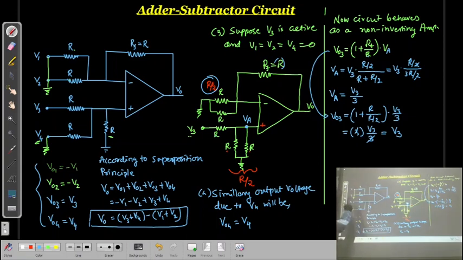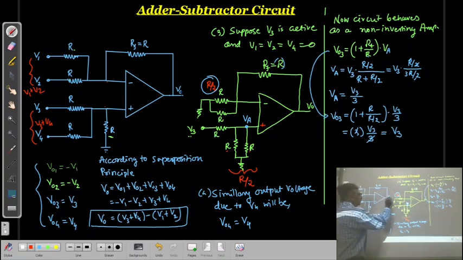So here we have the summation of these two voltages, that is V1 plus V2. Again we have the summation of these two voltages, that is V3 plus V4, and then it is applied to a difference amplifier.